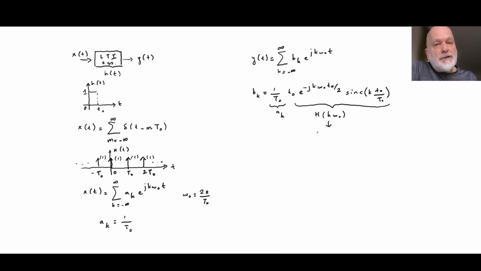Therefore, the system action reduces to a multiplication by a complex constant.